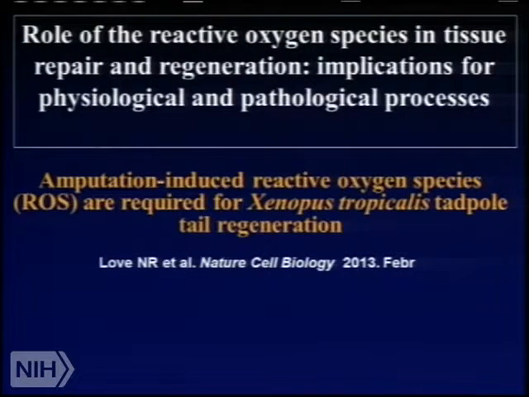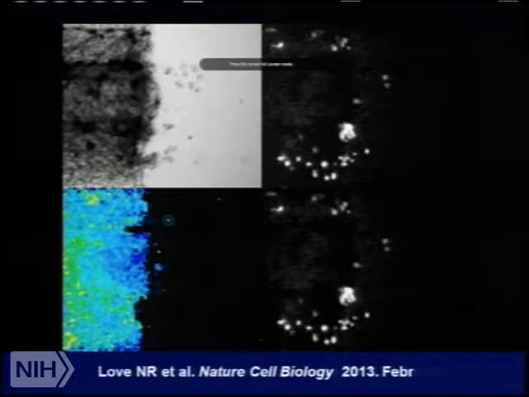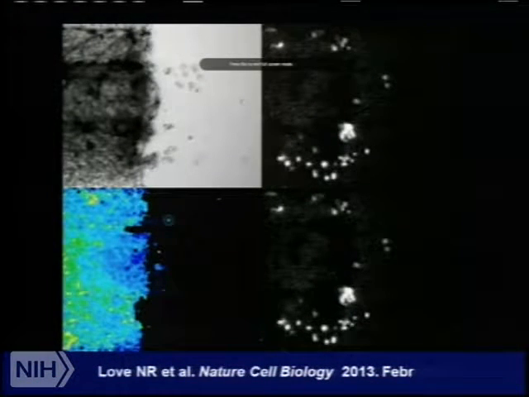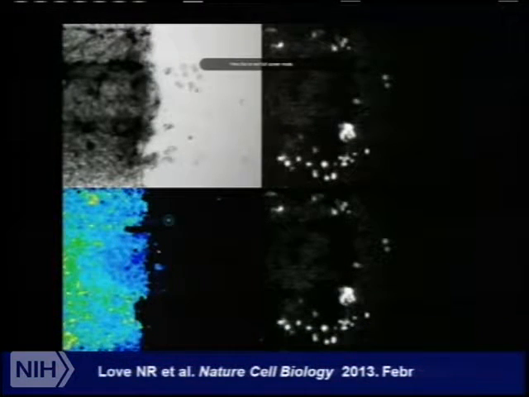They used the Xenopus tropicalis tadpole, which is the larval form of an amphibian frog, because it has very good regenerative capacity of the tail. If they cut the tail, it regrows within a couple of days.